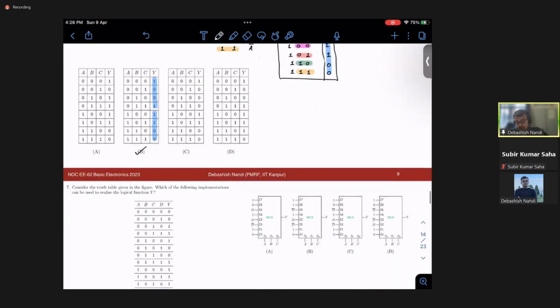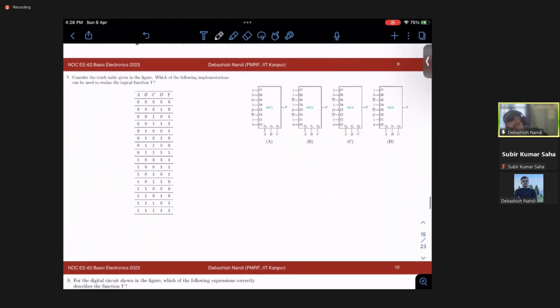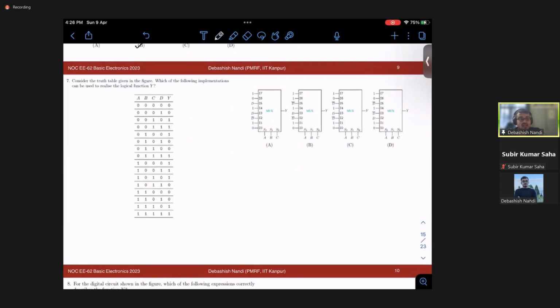Okay, then moving on to problem number 7, the inverting thing, right? The truth table is given, we need to find out how the mux is aligned. So you need to first look at what is your select, right?